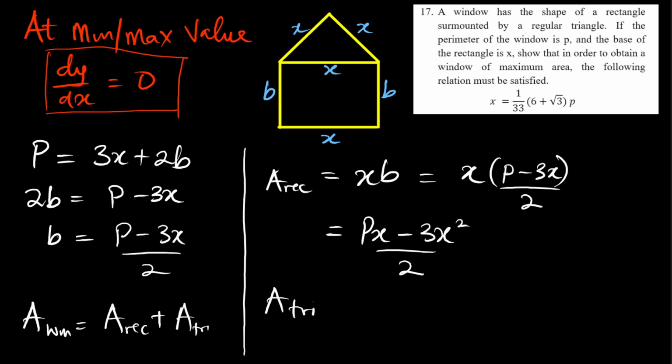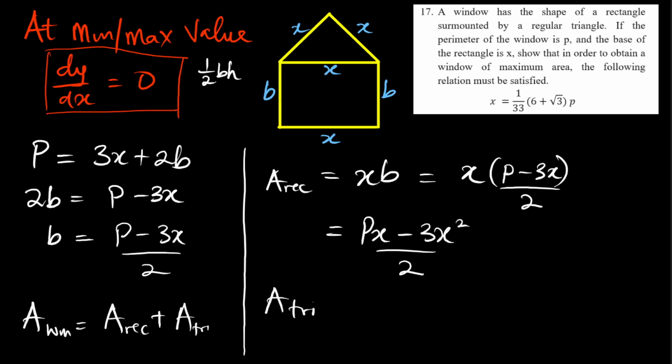Now, if you look at this triangle, it is a regular triangle, meaning that all the sides are equal. And this also tells you that this is an equilateral triangle. I know that a lot of us are conversant with half base times height as the area of a triangle.